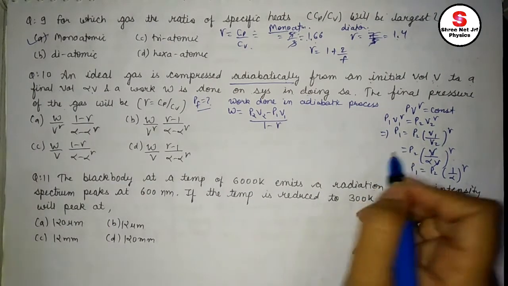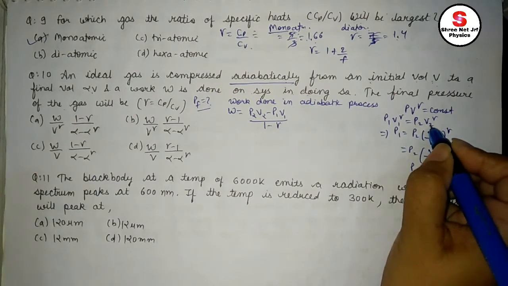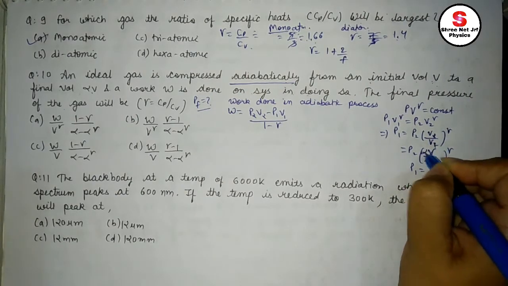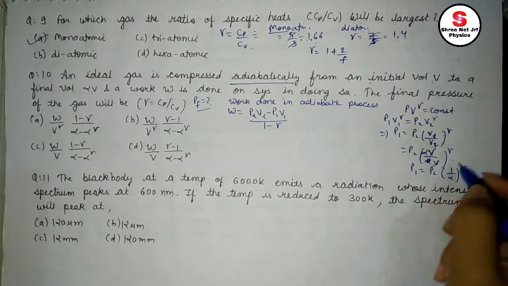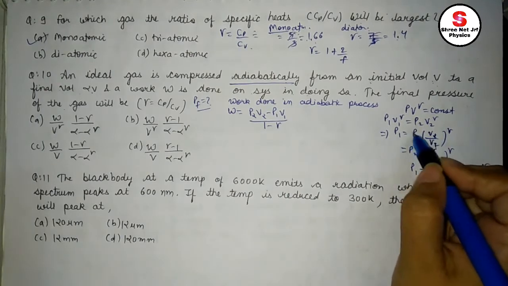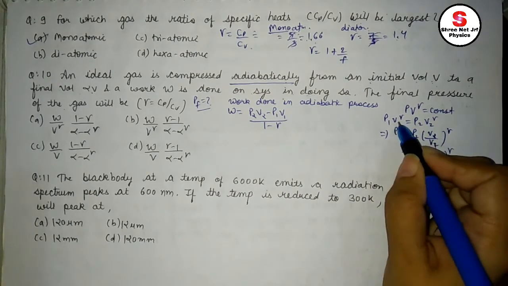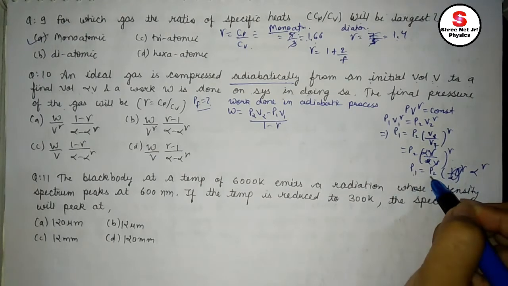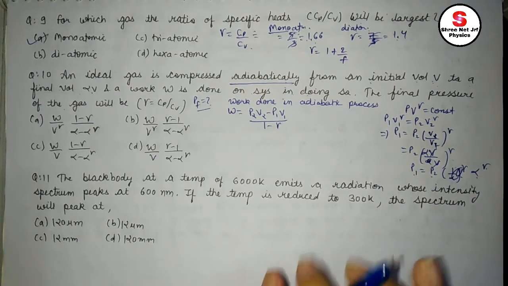Oh sorry, I made a calculation mistake. Alpha will be on the upper side, so it will be alpha to the power gamma. V2 is going up, so it is V2 by V1, sorry for that. So P1 equals P2 alpha to the power gamma.